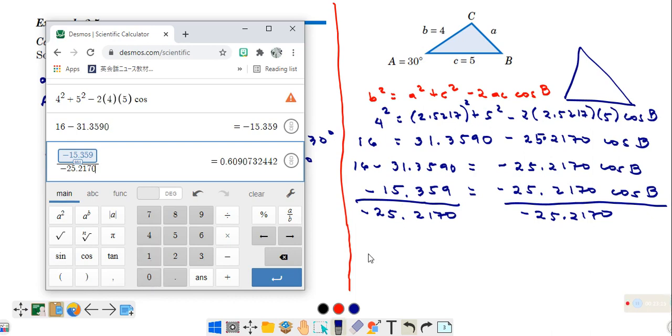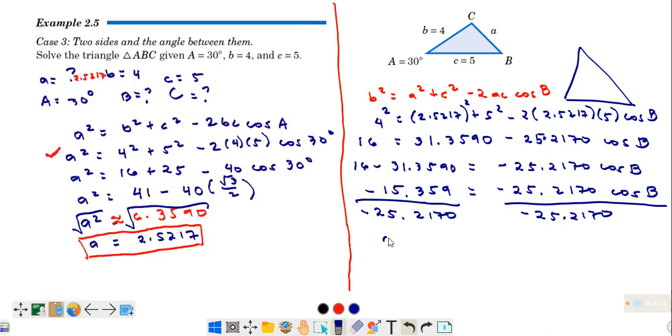You are going to end up with 0.6091, and it is approximately equal to cosine B. Tapos na ba tayo? Hindi pa. Kasi ang hinahanap natin ay si B, hindi si cosine B. So, we are going to make use of the trigonometric function arc cosine. So, arc cosine of negative 0.6091 will give us the value of angle B.